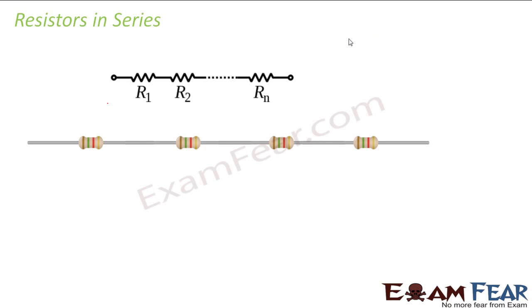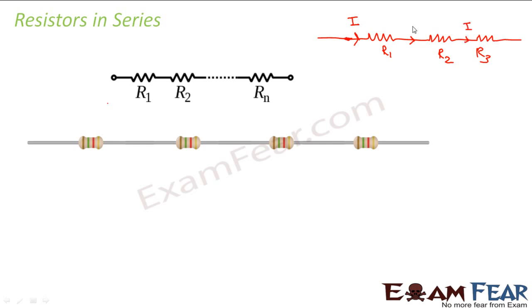Let us assume that there are three resistors R1, R2 and R3 which are connected in a circuit, right? And let us say some amount of current I flows through this circuit. So if I flows through resistor R1, that means the same amount of current will flow through R2 and R3 as well.